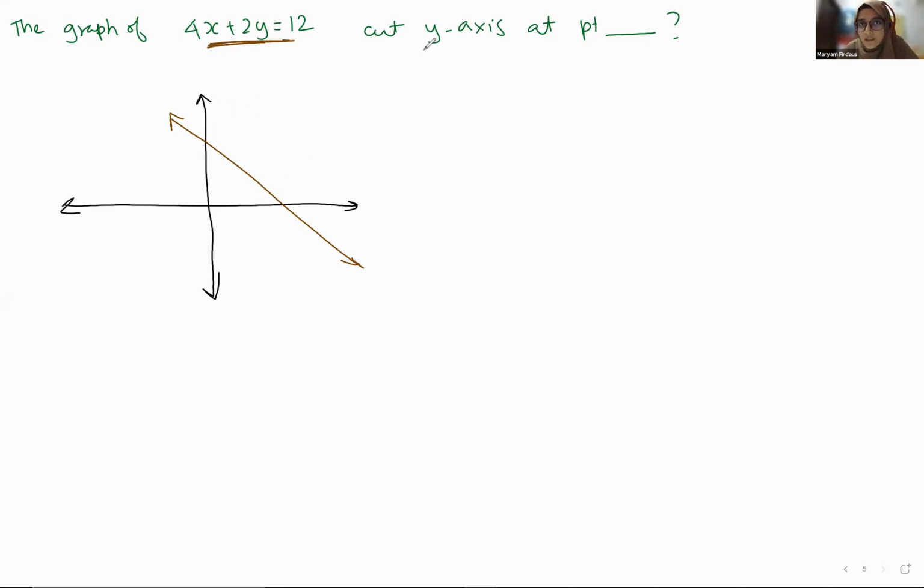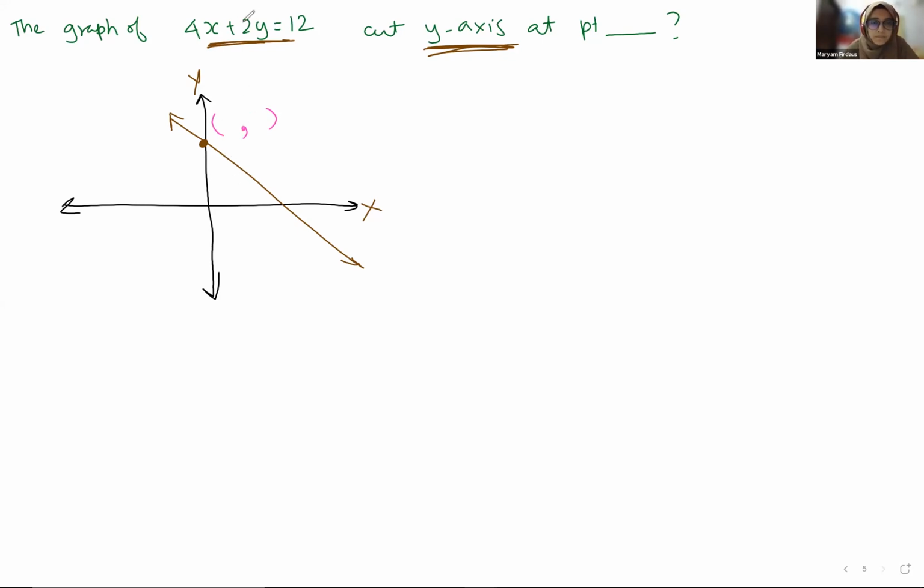Now they are saying it cuts the y-axis at what point? So which one is the y-axis? This is x and this is y, right? So it cuts the y-axis at this point, right? Now we don't know the value of this point. So first we need to ask ourselves, what is this point going to look like?